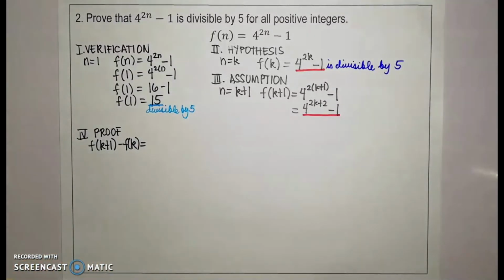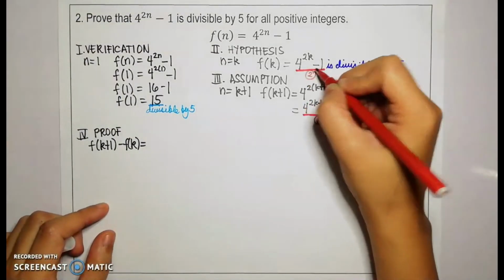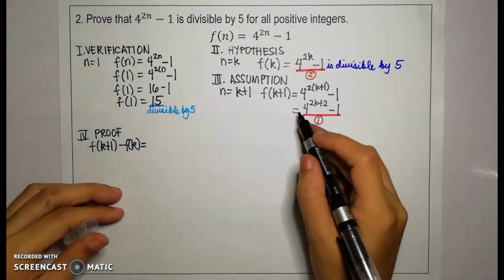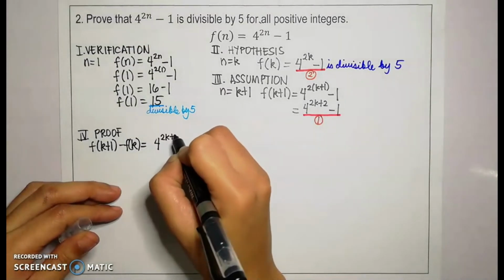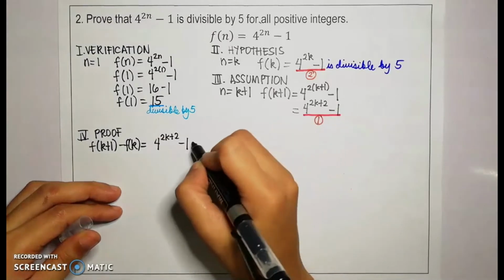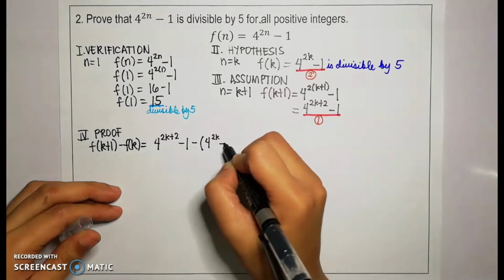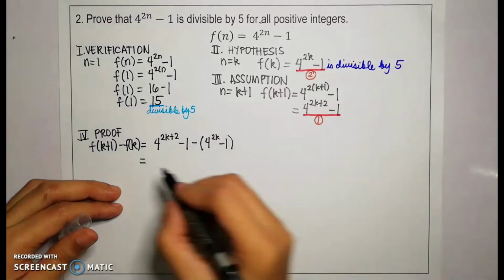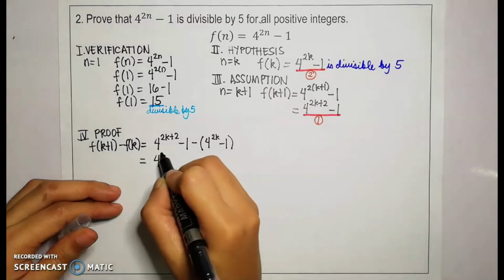So again, first we need to write the value for f of k plus 1, then subtract the value for f of k. Let's copy: 4 raised to 2k plus 2 minus 1, then subtract 4 raised to 2k minus 1. We need to distribute the negative sign.